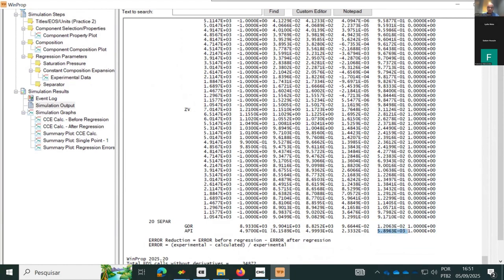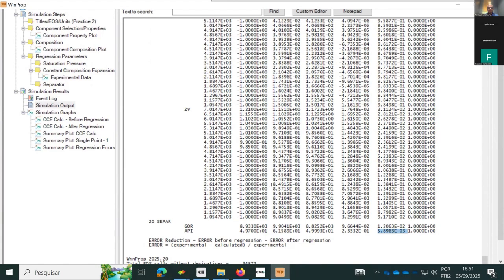This is very interesting, because the lab data is 49 degrees. The initial prediction is 61, too high, and now we could reduce the prediction to 59, almost 49, almost 50. Okay, so now the data is matched.